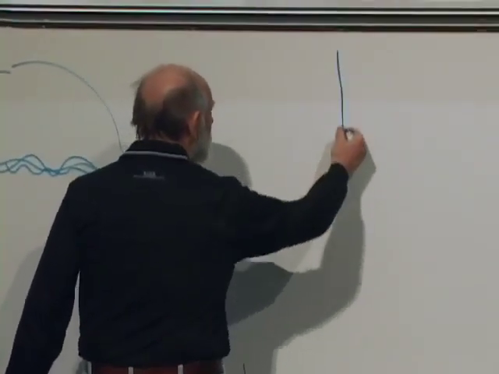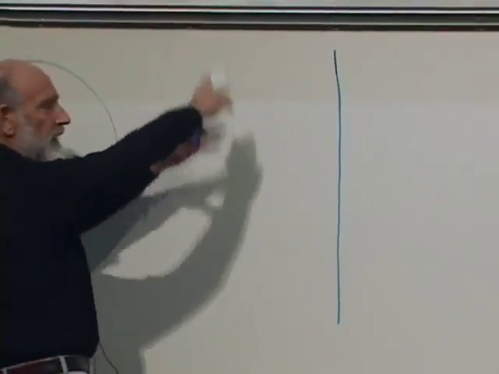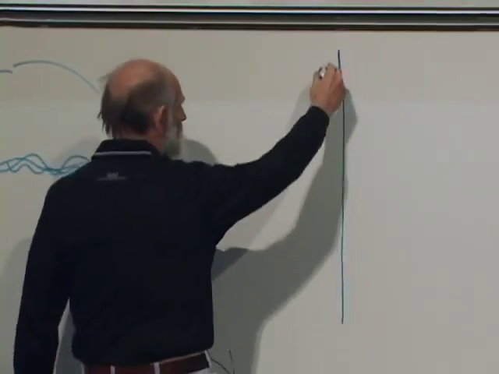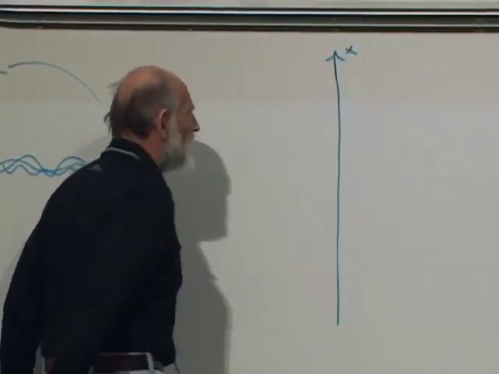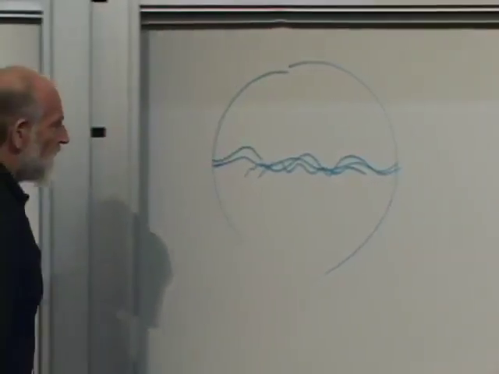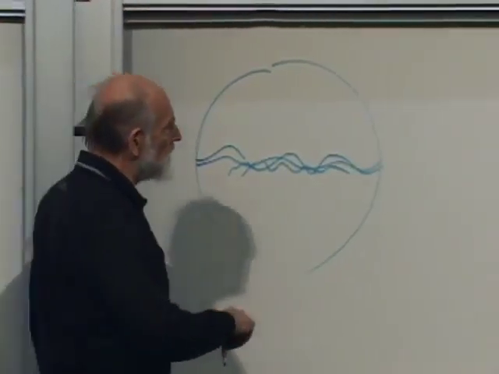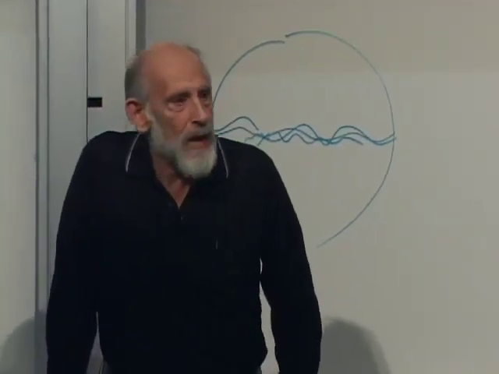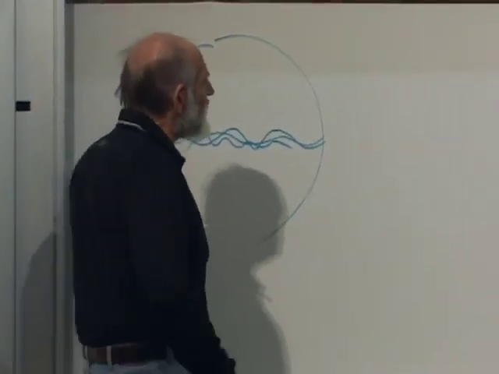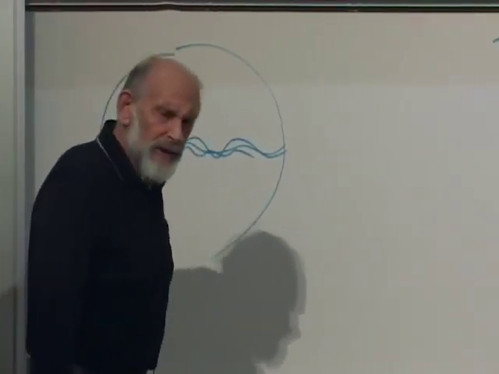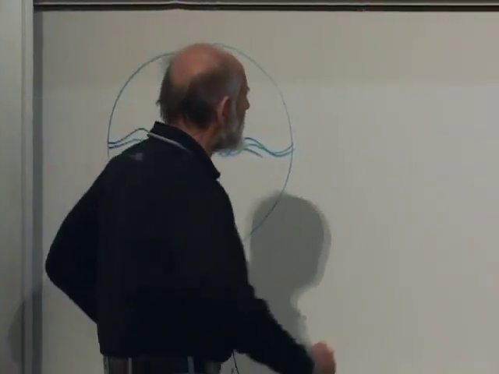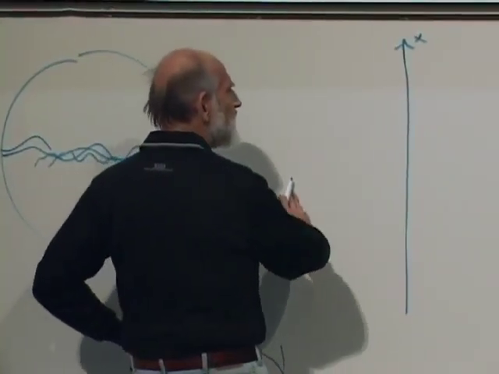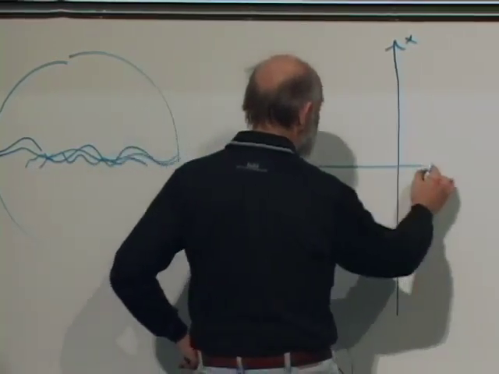What I'm plotting vertically is ordinary space X. What I'm plotting horizontally is the field, phi.